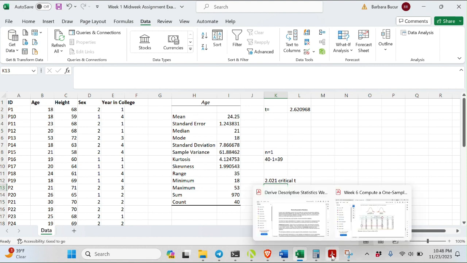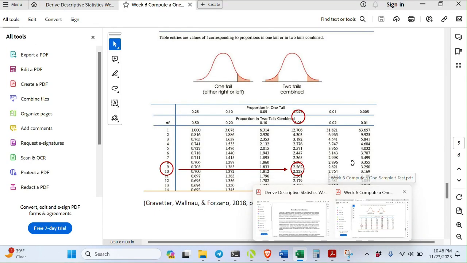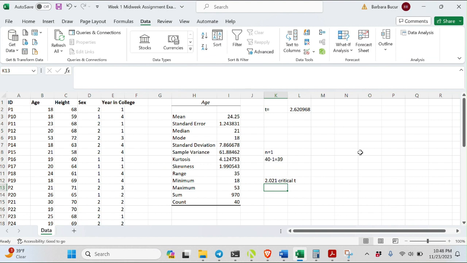It's also explained in this PDF, but basically you need to know that it's a two-tailed test. You need to know that your p-value is 0.05, and you need to know your degrees of freedom, which is n minus 1, not equals.